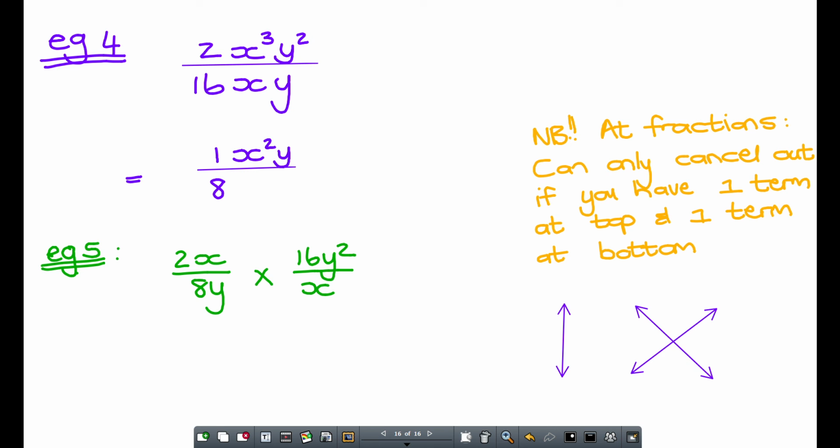Right. So we can go and cancel out. You could have cancelled out up and down over here, meaning that 2 and this 8 can be simplified. Right? You could also cancel out like this, across, or these two. Do you guys agree? Okay. Do you want to try this one on your own quickly?